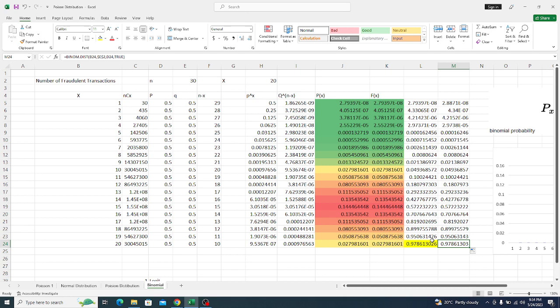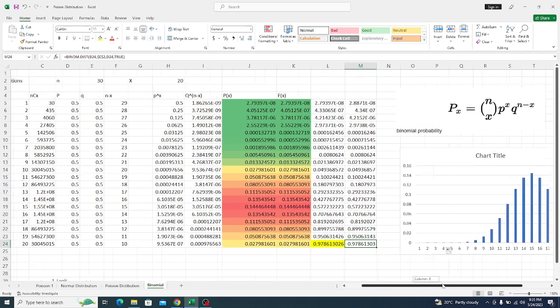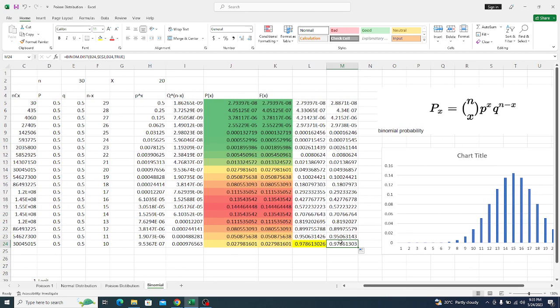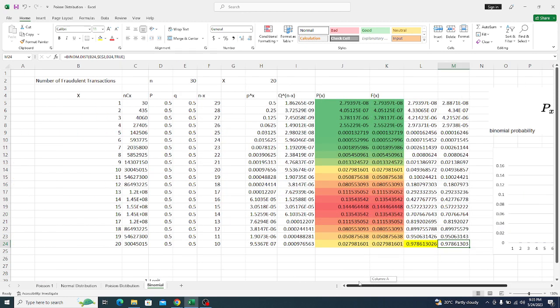All right. This is for binomial distribution. What about when we are talking about binary? Remember for binary, I said that n is 1.